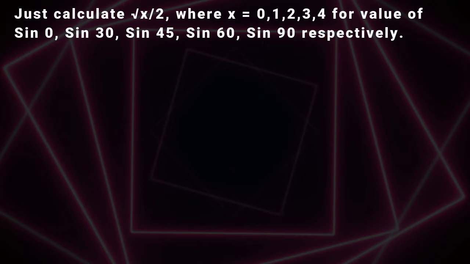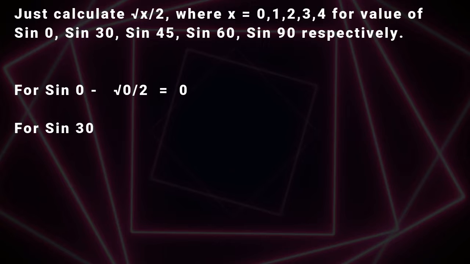So for sin 0, we'll have to calculate root 0 upon 2, that's going to be 0. For sin 30, we have to calculate root 1 upon 2, which will be 1 by 2. For sin 45, we have to calculate root 2 upon 2.